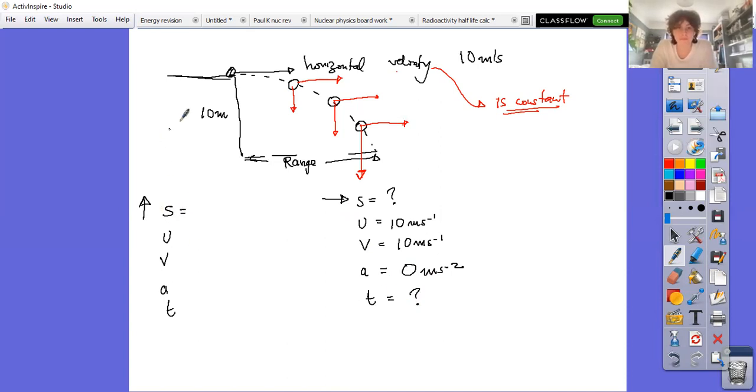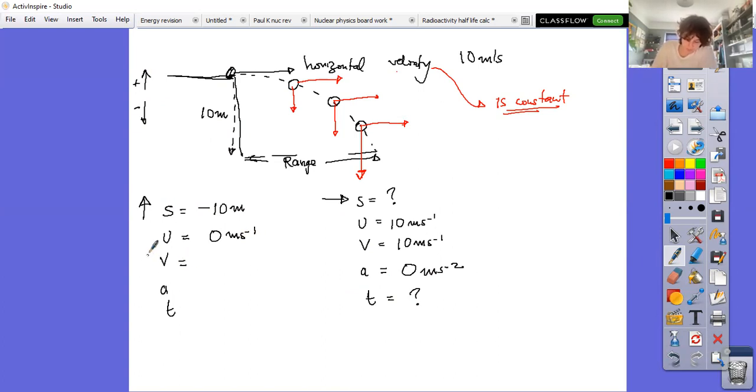What about vertically? Well, vertically, if I'm measuring my distances from the top, this distance here is minus 10 because I'm measuring downwards. The convention is very important. If I've decided that up is positive and down is negative, I'll stick to that, okay? What's my initial vertical velocity? Is this thing moving vertically initially? No, 0 vertical velocity.